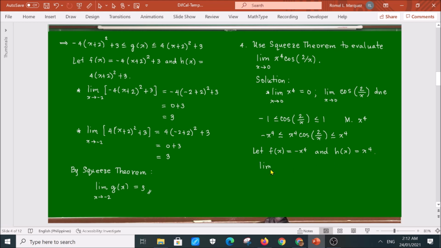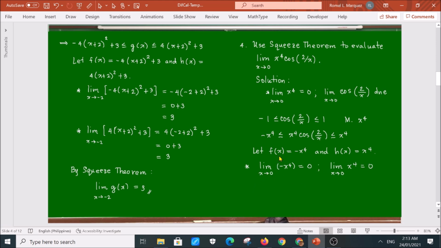Let's take the limits of f of x and h of x independently. The limit of negative x to the fourth as x approaches 0 is equal to negative 0 to the fourth, and that is equal to 0. The limit as x approaches 0 of x to the fourth is also equal to 0.